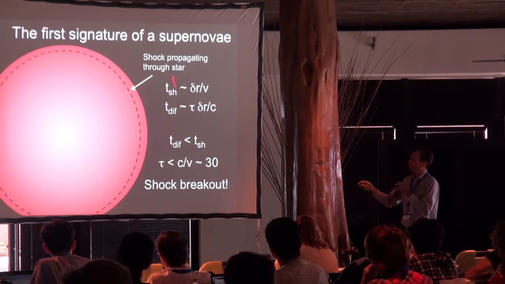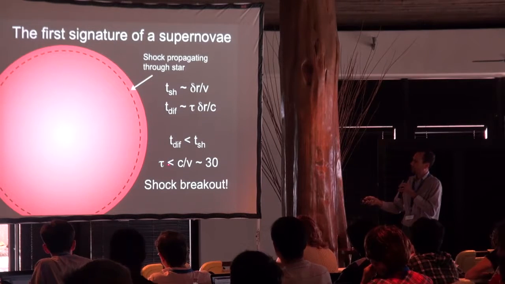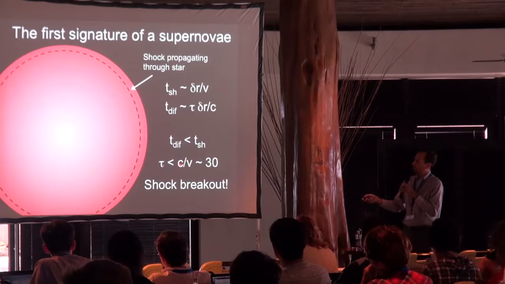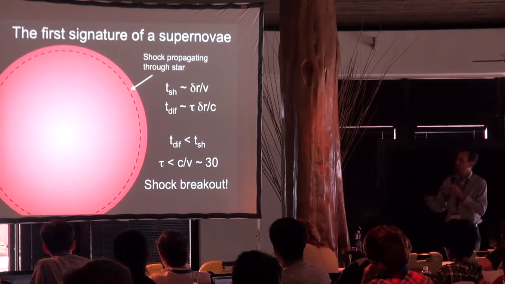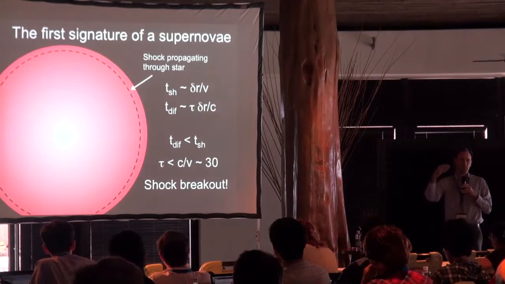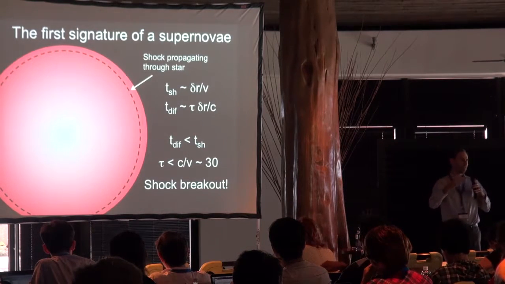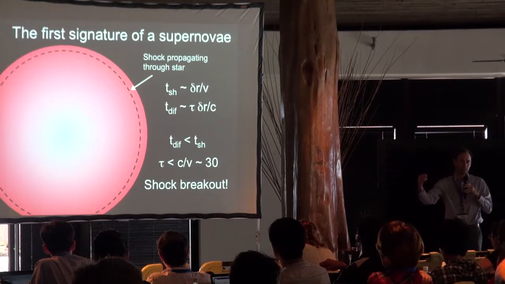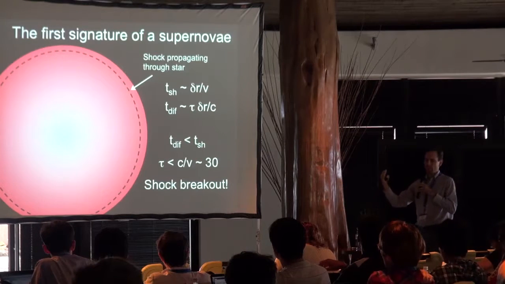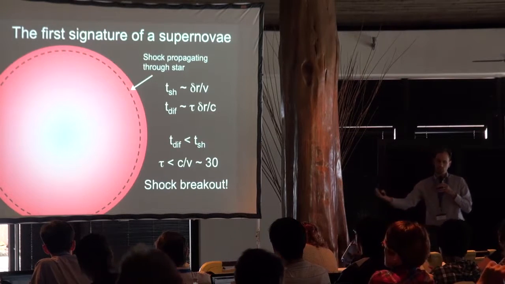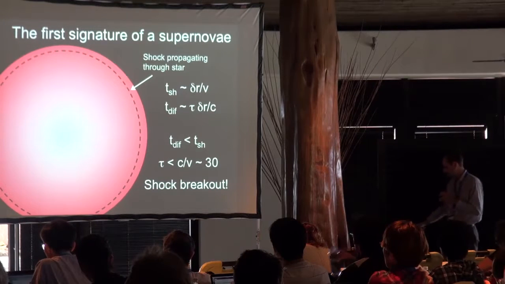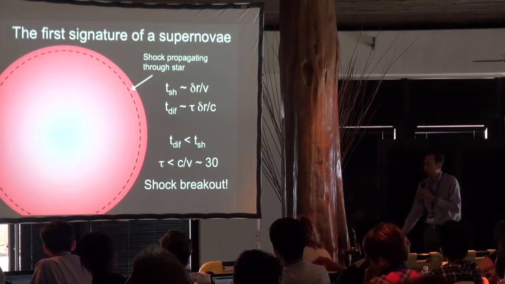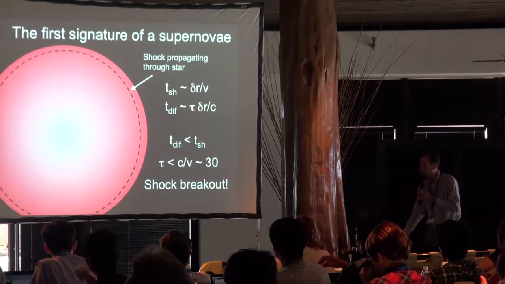You can just equate these two time scales and see that below an optical depth of roughly the speed of light divided by the speed of your shock, which is roughly 30 for a typical supernova, you're going to have your shock breakout. And that's going to give rise to your shock breakout flash. I just want to make that distinction because in the literature often this is confused with the shock cooling phase, which then comes subsequently.